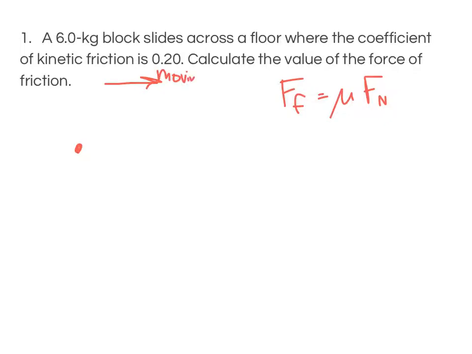So let's assume it's moving to the right, and that means our frictional force would push to the left. And then there would be the gravitational force, F of g equals m times g. And then the normal force, and since it's moving horizontally, we would know that those two are equal to each other. So to find the normal force, I just really need to calculate mg.